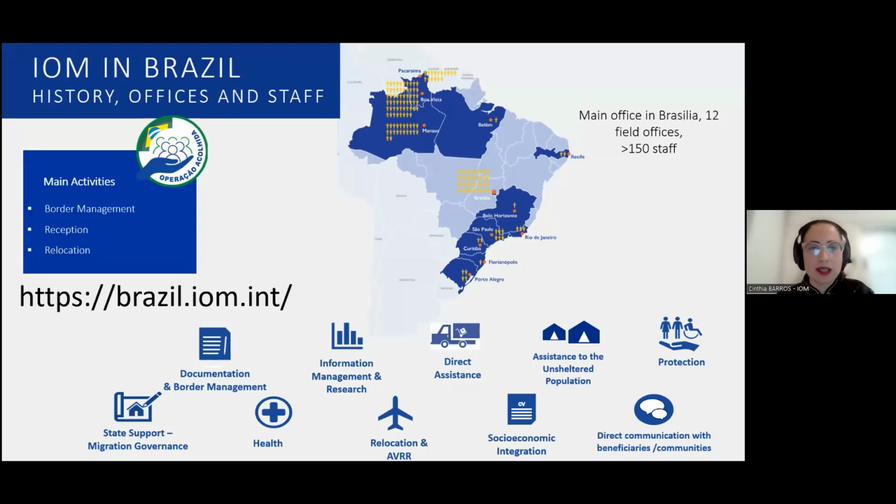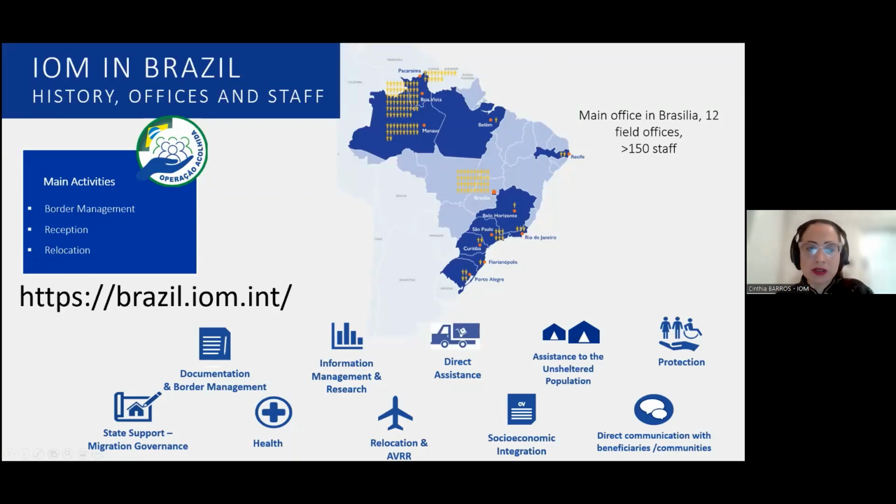And of course, the advocacy for proper migration governance. Most of our staff is located in Boa Vista and Pacaraima, on the border with Venezuela, for the humanitarian response in Brazil, the ELCAM operation. One of our lines of action is information management and research, which I am responsible for in Brazil.